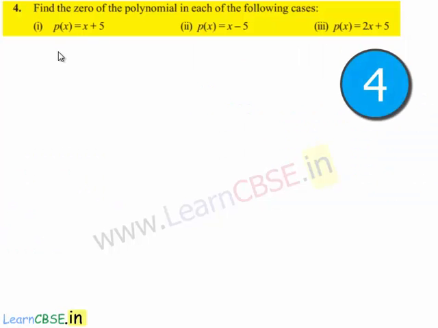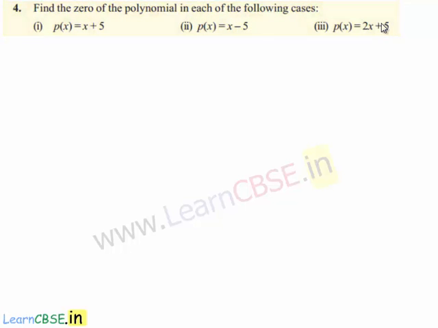Moving on to the 4th problem, find the 0 of the polynomial in each of the following cases. So the first polynomial is p of x is equal to x plus 5, and the second one is p of x is equal to x minus 5. Third one is p of x is equal to 2x plus 5.